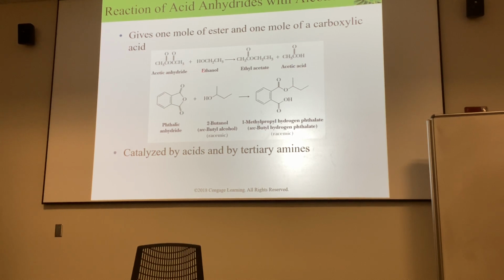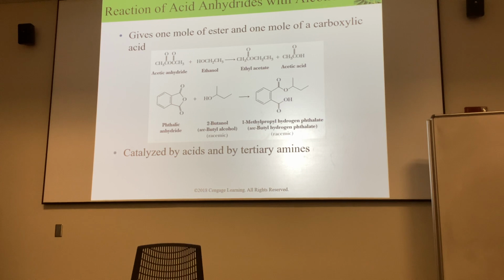So if you put in ethanol, basically one of these guys, instead of becoming a carboxylic acid, will become an ester with OR, R being whatever your alcohol is, and then the other one will just become the carboxylic acid.